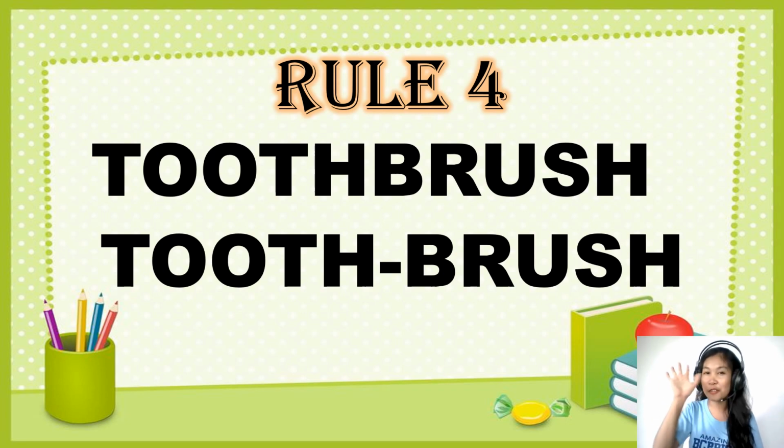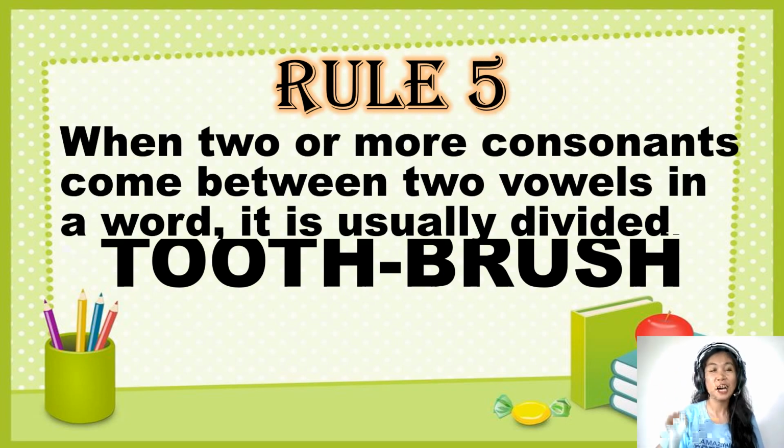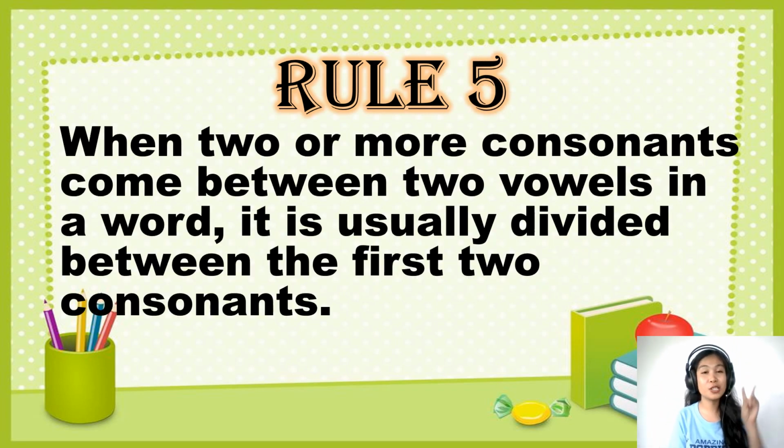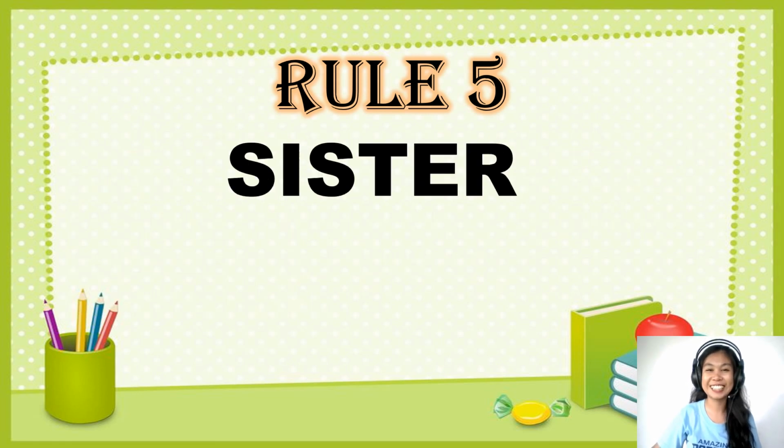Rule number 5. When 2 or more consonants come between 2 vowels in a word, it is usually divided between the first 2 consonants. Teacher, this one is quite complicated. Can you please give us an example? Sure.